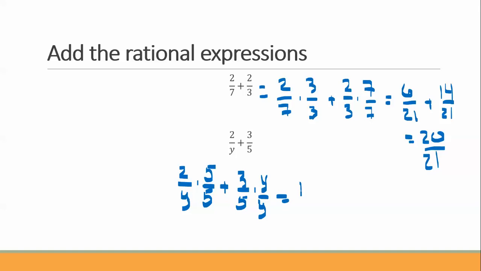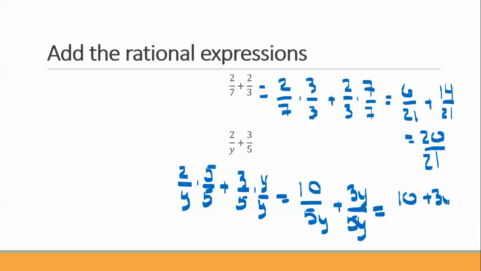So that is 10 over 5y plus 3y over 5y. Now that we have a common denominator, we can add the numerators and have 10 plus 3y over 5y. The 10 and the 3y are not like terms, so you have to leave it like that. You cannot combine those two.